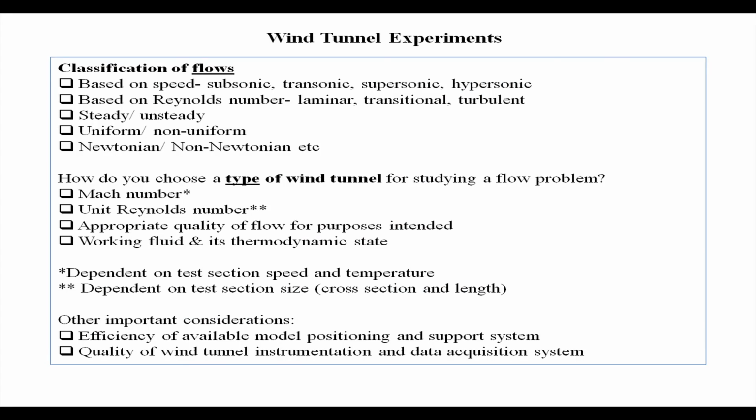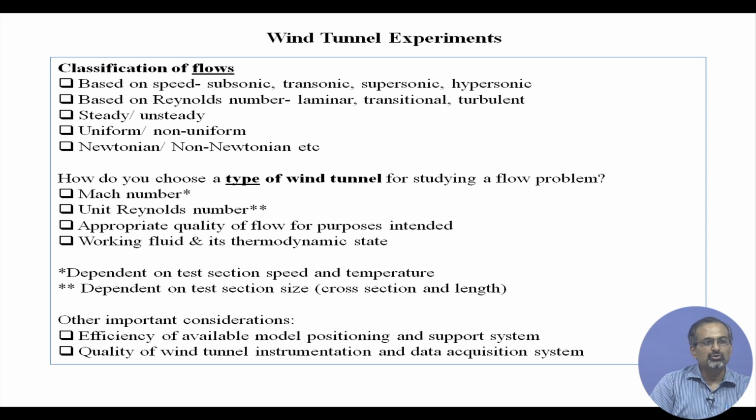Moreover, you could have steady flows by and large, but certain experiments you might like to perform under unsteady conditions because of the relevant issues that you are interested in. In that case, you have to design and build your tunnel in such a manner, and also have accompanying instrumentation, that you can perform those unsteady experiments.